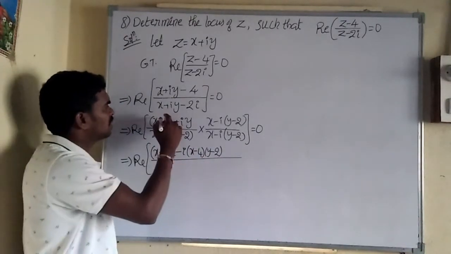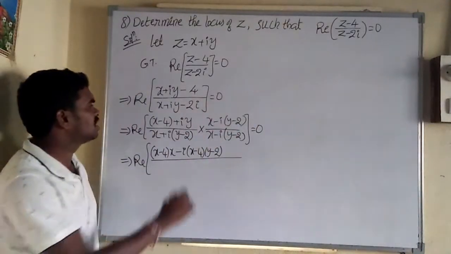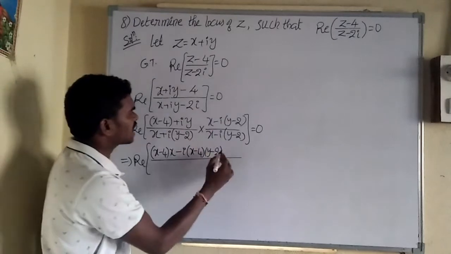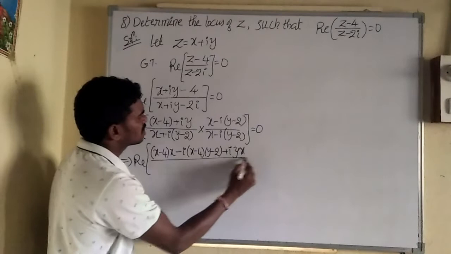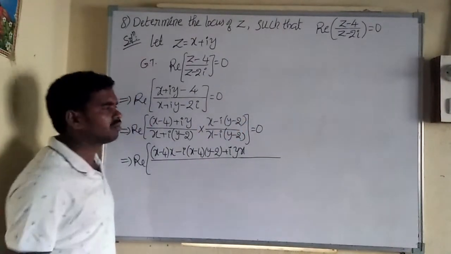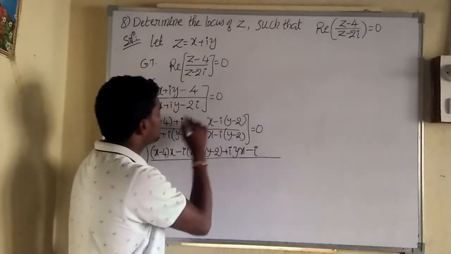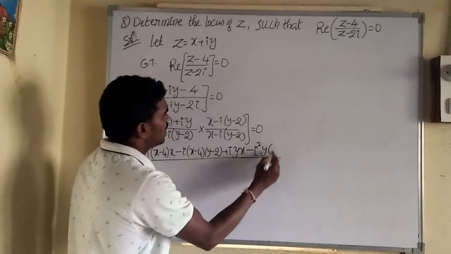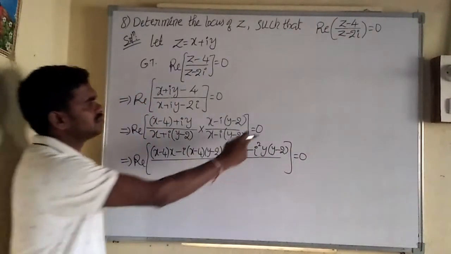Next plus iy into x, so iyx. Then plus iy into minus of I into y minus 2, so plus into minus is minus, I into I is I square, so y into y minus 2 is equal to 0.